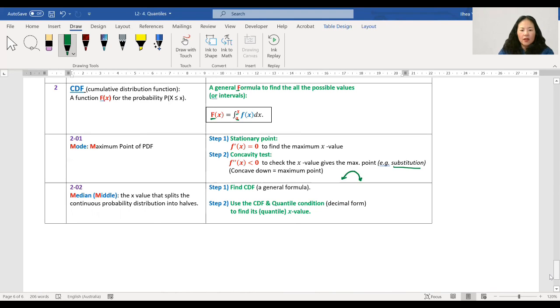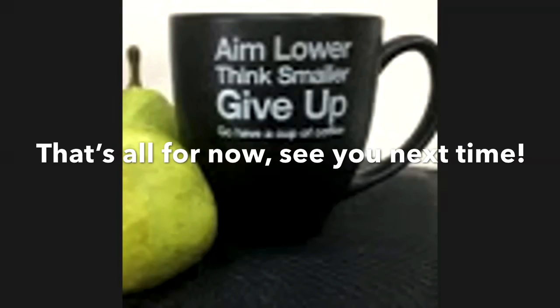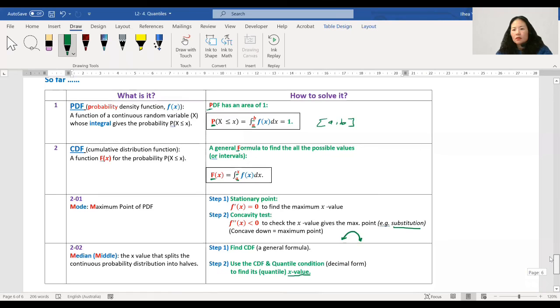So we find the CDF, the general formula, and use that CDF and the quantile condition, whatever the quartile, decile or percentile the question gives you, change that into decimal form and find its quantile x value. We are looking for the x value that gives you whatever percentage of that total area. I'll stop now.